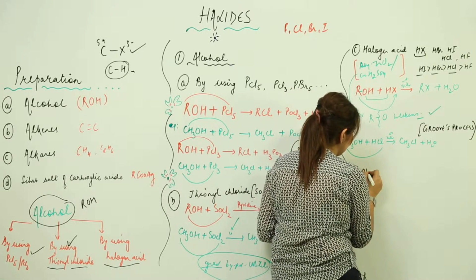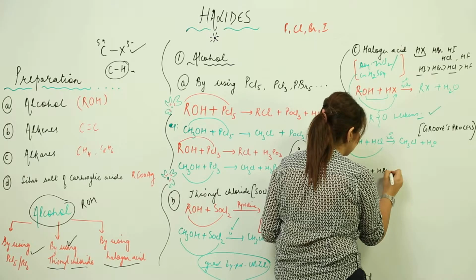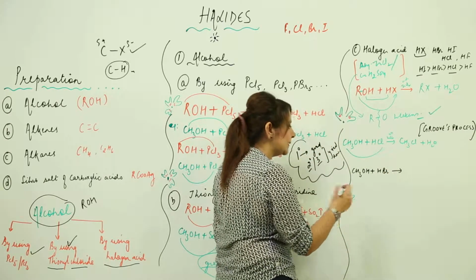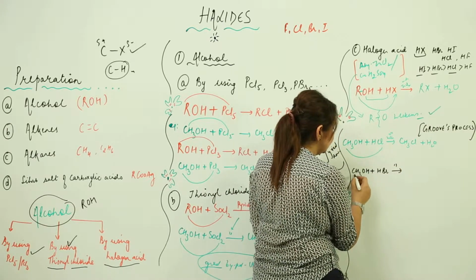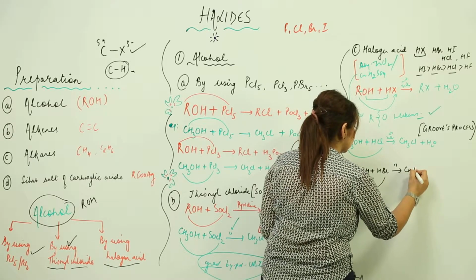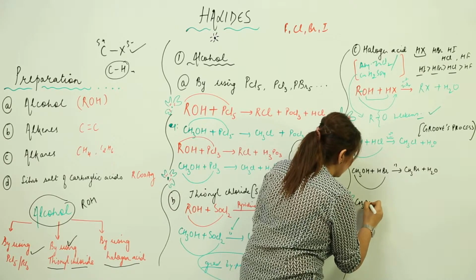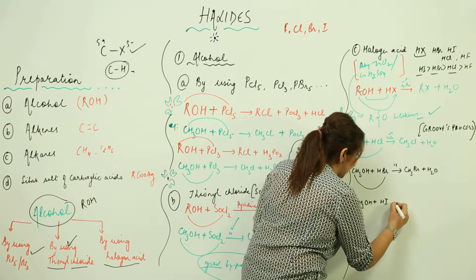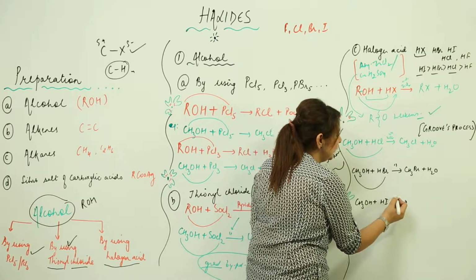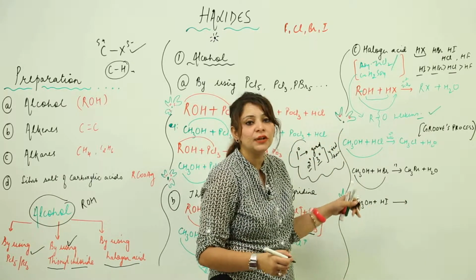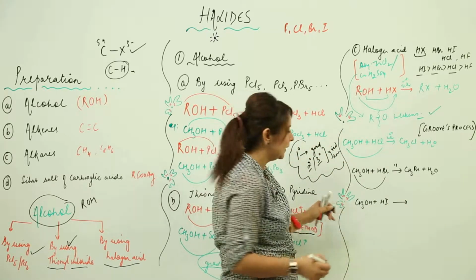Let's say CH3OH, I am adding HBr. So what do I get? The same thing, with anhydrous ZnCl2, that is RBr with H2O. Likewise, I can do it by adding hydrogen iodide also. But here you don't need to take H2SO4 or anhydrous ZnCl2.